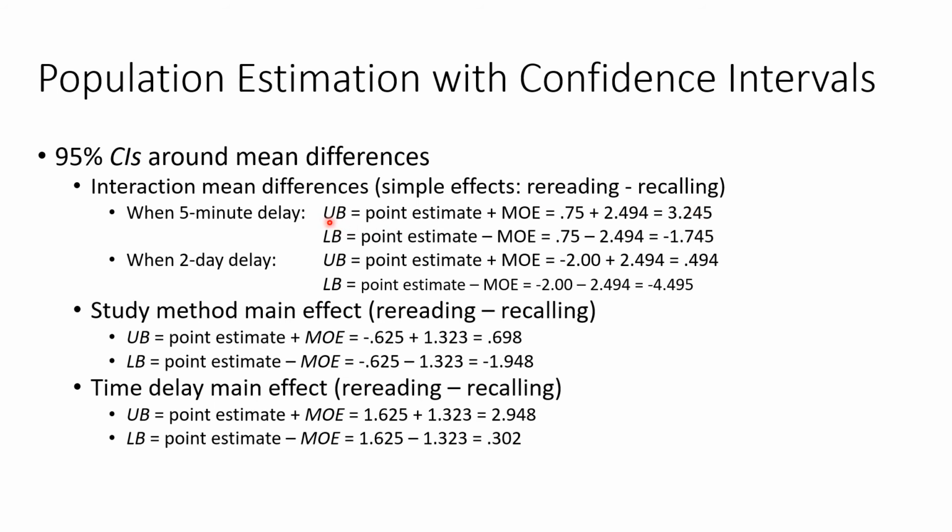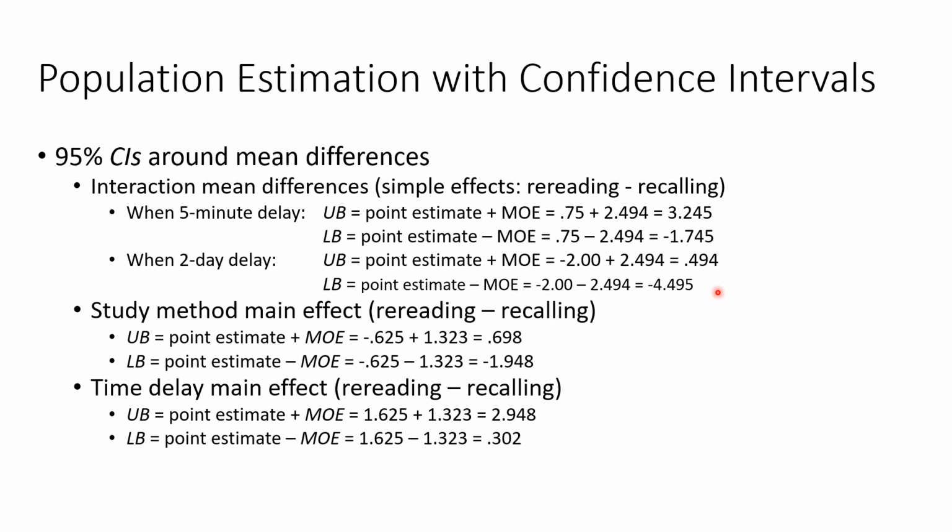So with a 5-minute delay, the population parameter could be a benefit for rereading of 3.2 all the way to a detriment for rereading of 1.7. That's a very wide range when you're talking about a 15-point test, again, indicating that we have a small sample size.